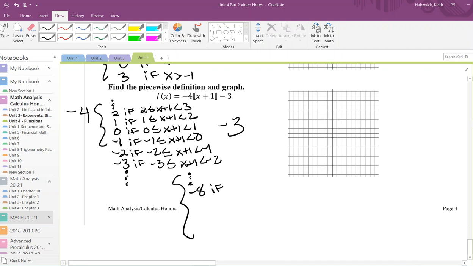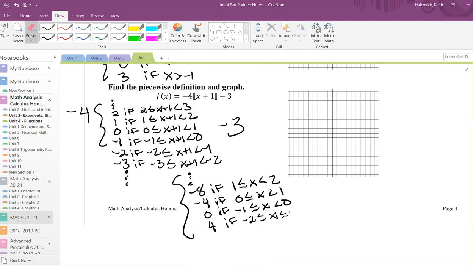And then when we simplify this by subtracting 1, we get between 1 and 2. -4 if it's between 0 and 1. 0 if it's between -1 and 0. +4 if it's between -2 and -1. +8 if it's between -3 and -2.